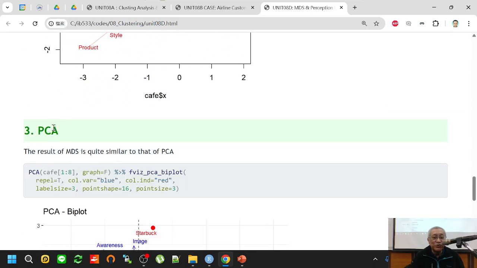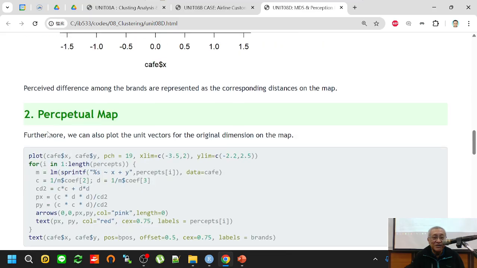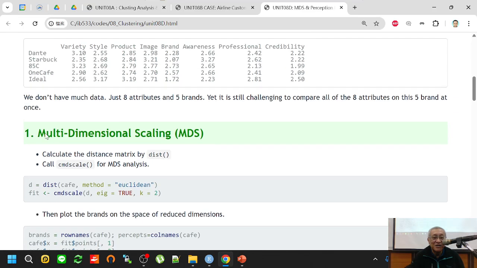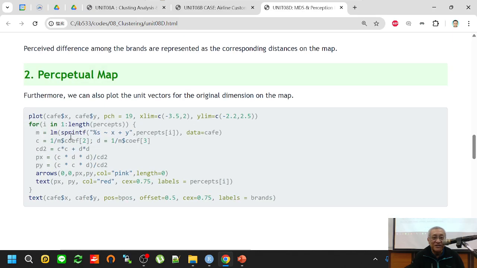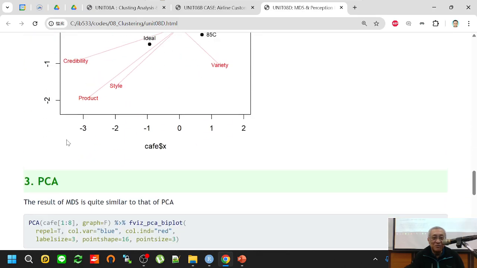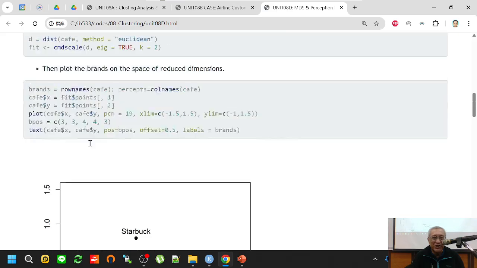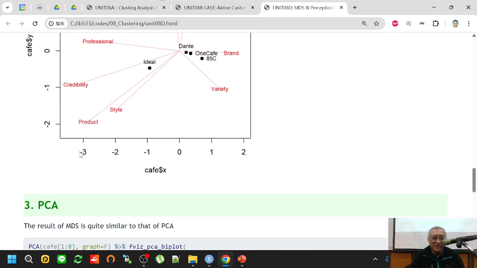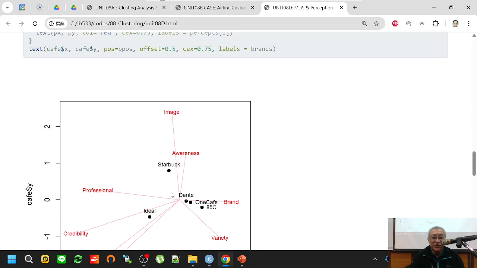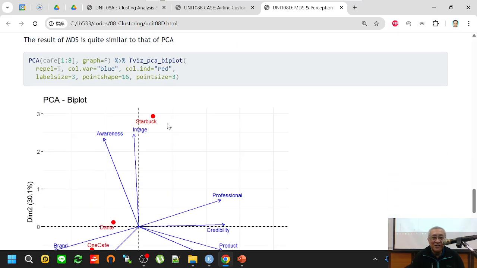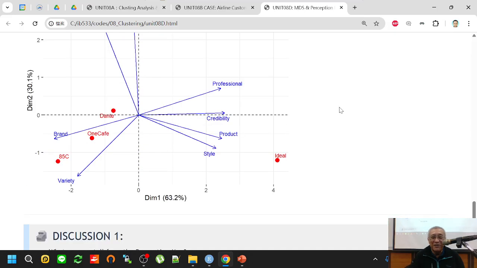Let's skip the MDS, which is the first and second section, because it's actually quite complicated, and as you can see here, the result is basically the same as what we do with PCA.